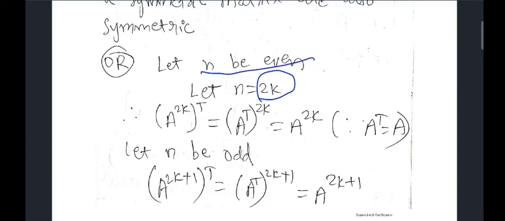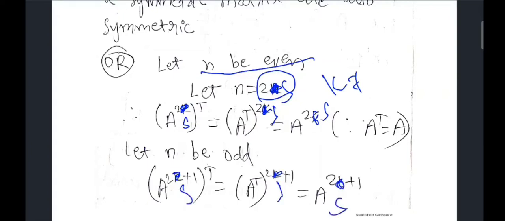I must have taken some other suffix over here, so let us consider it to be s. So this is s, this is s, and this is 2s plus 1. For even and odd numbers we are proving that the transpose comes out equal to the original matrix, so clearly those will also be symmetric.